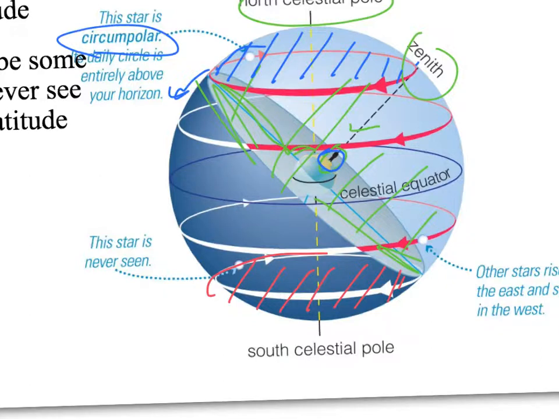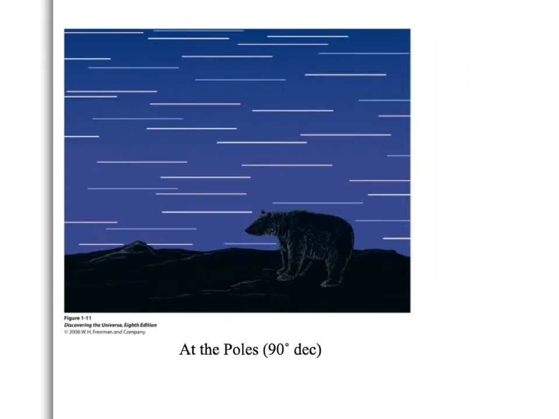It's kind of analogous to the circumpolar stars that they always see at some time, which are always above the horizon all night long. Otherwise, stars that aren't circumpolar appear to rise in the east and set in the west, and they tend to take on this counterclockwise motion in the northern hemisphere around Polaris, the North Star.